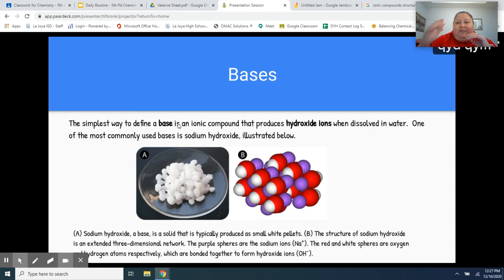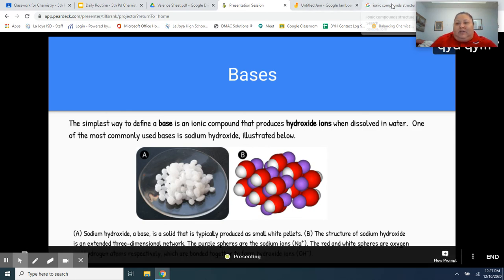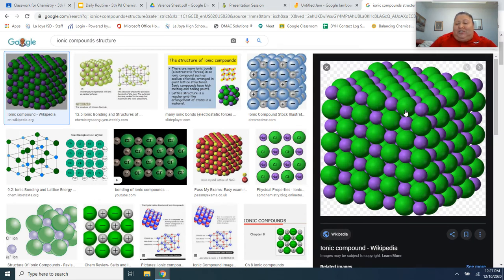There's bonds everywhere, and I actually pulled up some pictures to remind you what it looks like. You can see from the picture that your ionic structures all look like little boxes made up of marbles. In this case, this ionic compound has only two different elements.